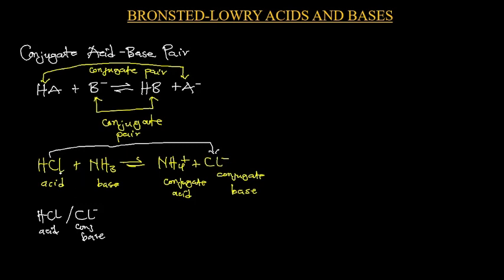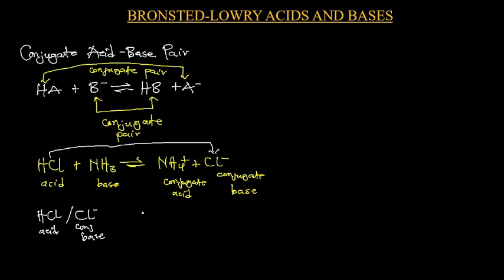You realize that the difference between HCl and Cl minus is just a proton. One way we can describe an acid-base conjugate pair is that they are species that differ by just one proton. When HCl, an acid, loses a proton, it becomes Cl minus, so we call it its conjugate base.